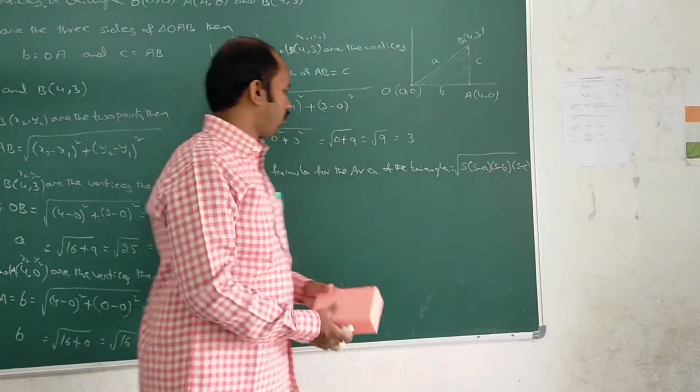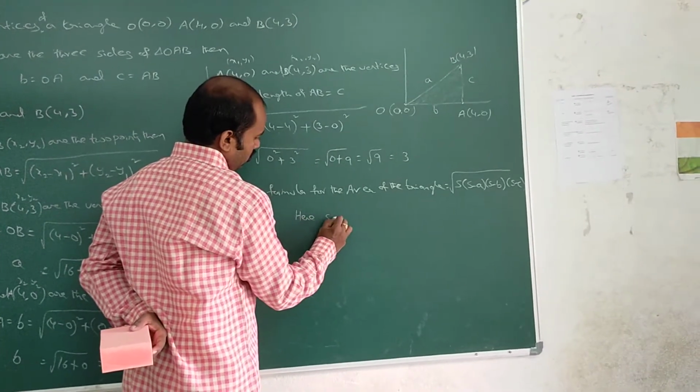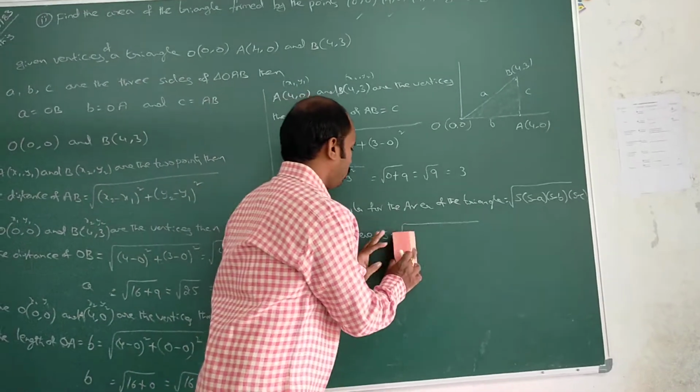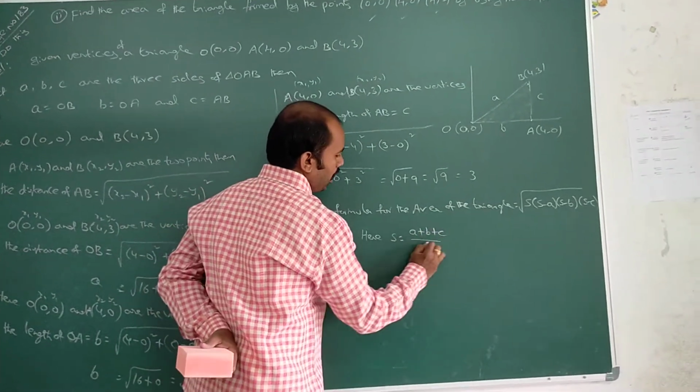Here only S we need to find. So here S equal to A plus B plus C by 2.